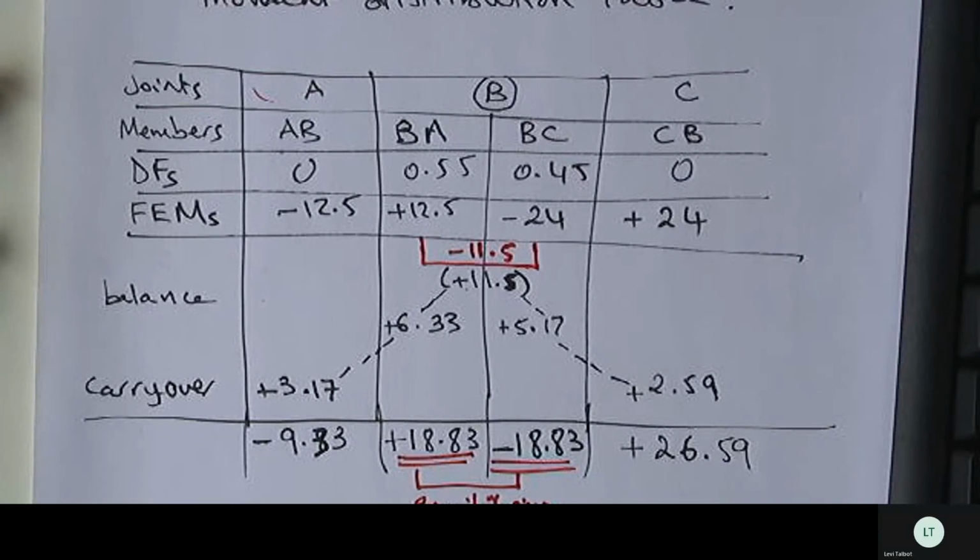So you multiply the balancing moment by the distribution factors, which gives you these two, and then from joint B to joint A, you carry over half. From B to A, you carry over half, and then from B to C, you carry over half. Any questions?